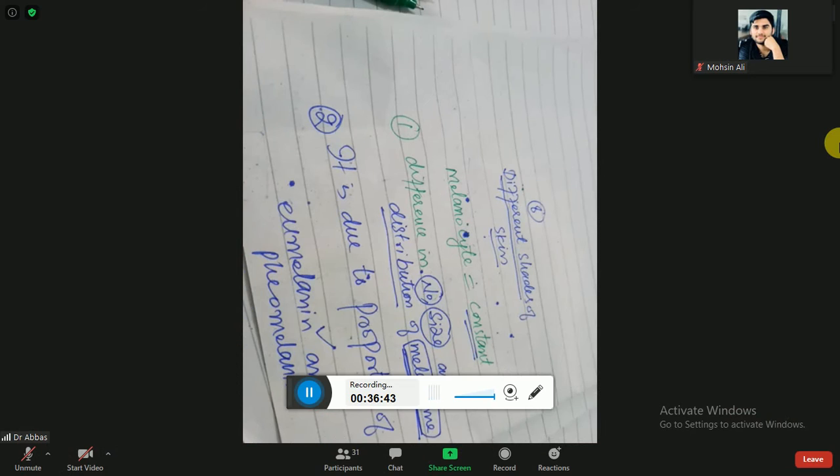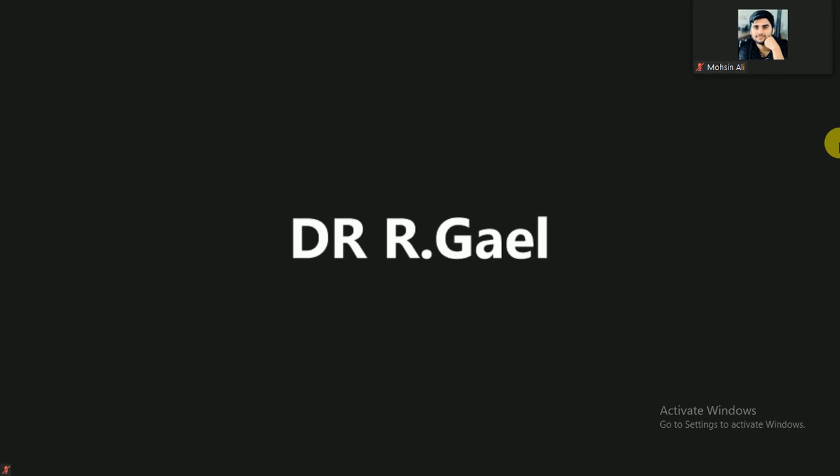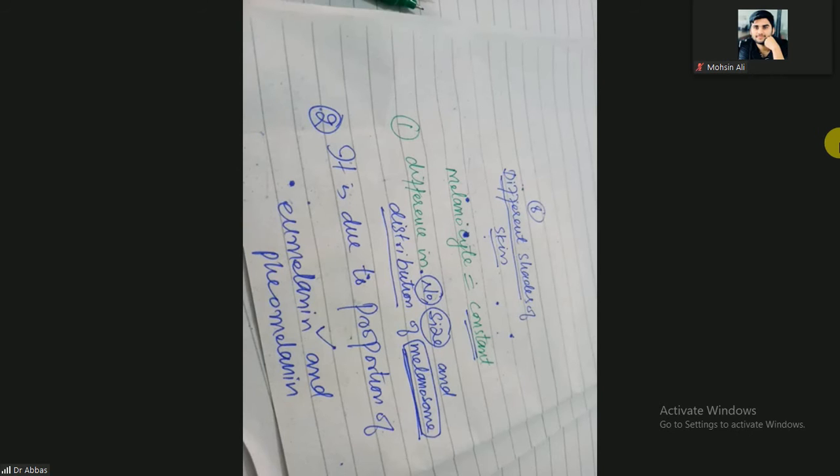We were discussing that when the EMU, epidermal melanin unit, is 1:36, then why do different persons have different colors of skin? It is due to two reasons. One is the difference in size, number, and distribution of the melanosomes. Distribution means where the melanosomes are present above the basal layer.